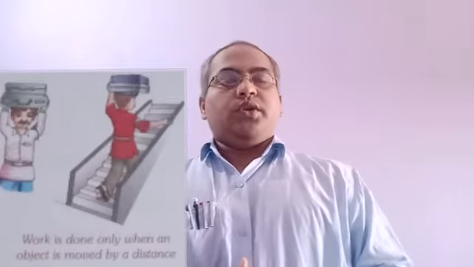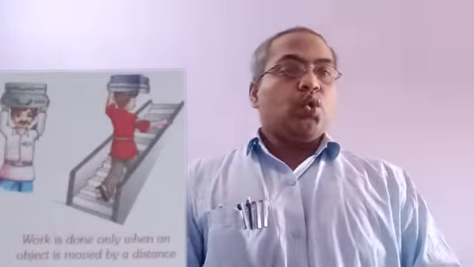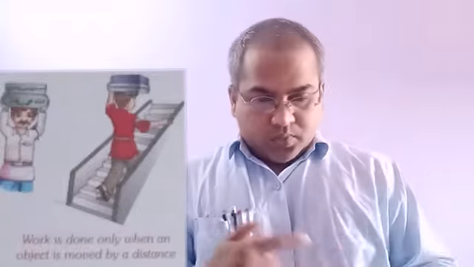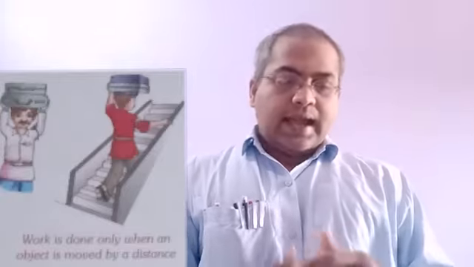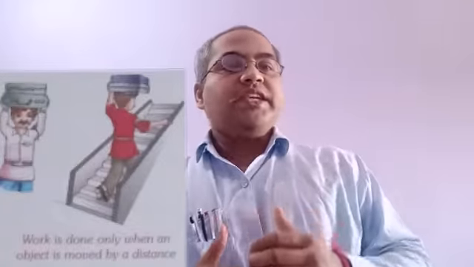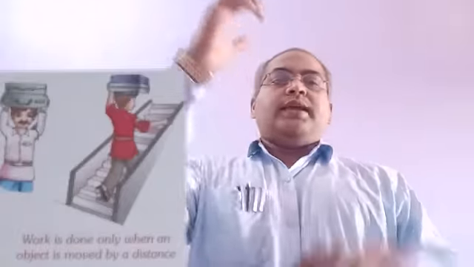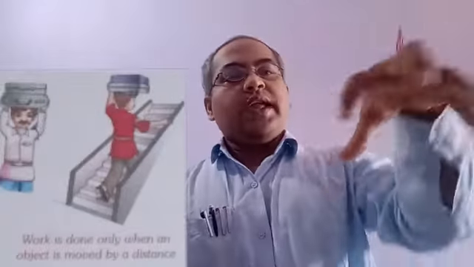So first of all, pulley. A pulley is a device in which there is a grooved wheel and a rope, and with the help of that we can change the direction of force. Suppose there is a well and we want to take water from the well.